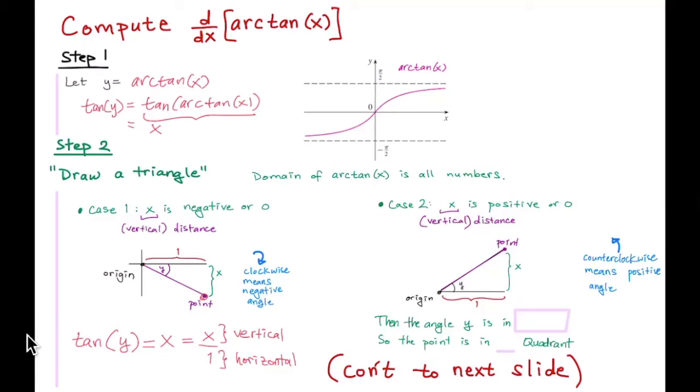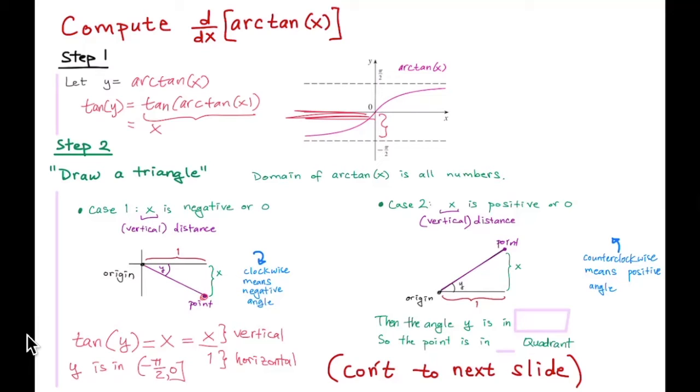So in the first case, my angle y is in between negative pi over 2 and 0. Because if you look at the graph, when x is negative or 0, the value is between 0 and negative pi over 2.